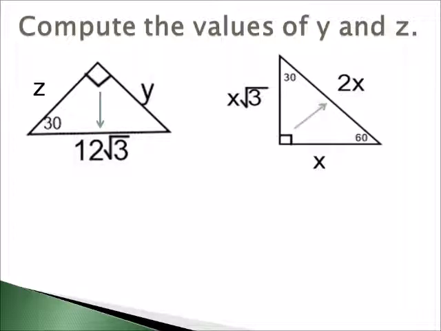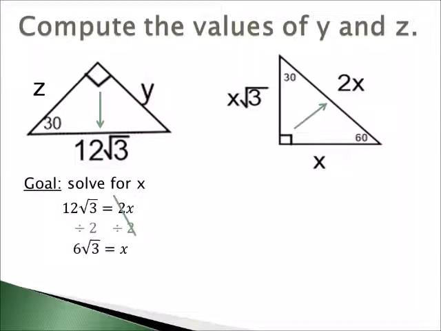Across from our 90-degree angle, we clearly see that we know our side length is 12 radical 3. So first, let's solve for x. Here we have 12 radical 3 is equal to 2x. We're going to divide both sides by the coefficient of 2, and we will get 6 radical 3 is equal to x.